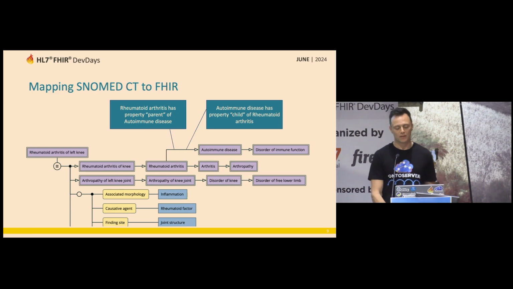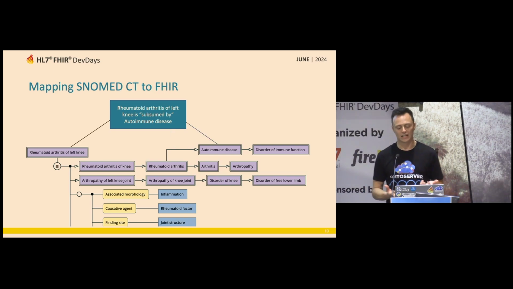To provide an example of how a real code system and its concepts map into the FHIR terminology model, let's continue with our SNOMED example. The hierarchy relationships we talked about earlier map onto parent and child properties in FHIR. There can be different hierarchy meanings for different terminologies, but for SNOMED, it's what we call a subsumption hierarchy, which means that rheumatoid arthritis is a type of autoimmune disease.